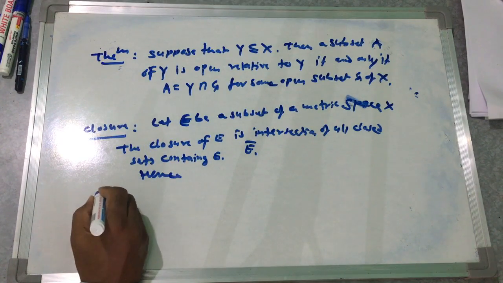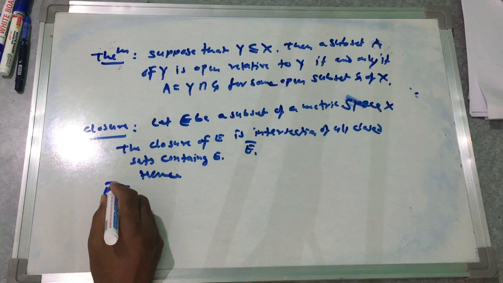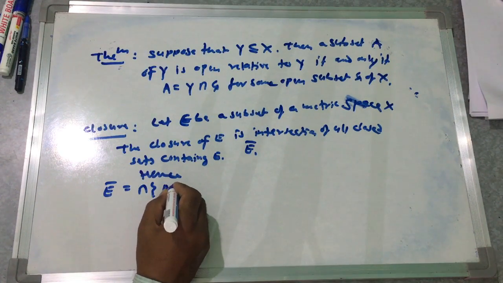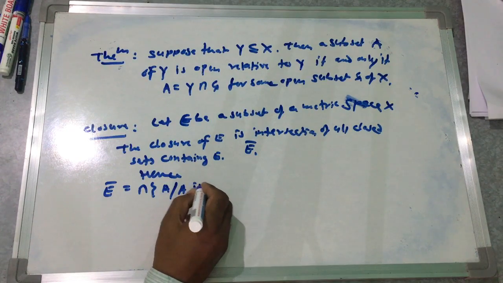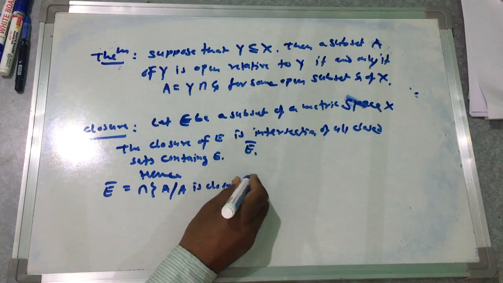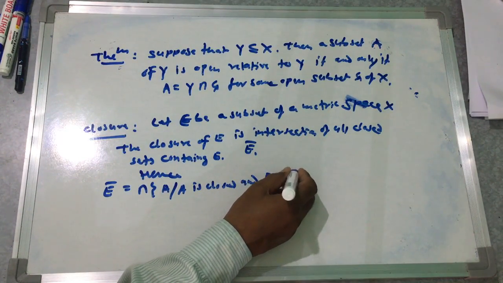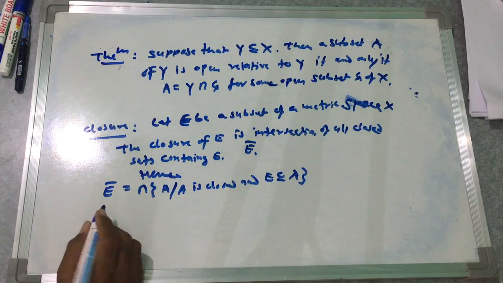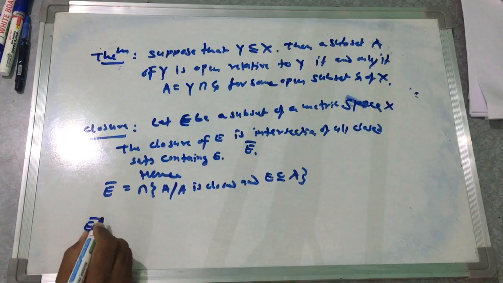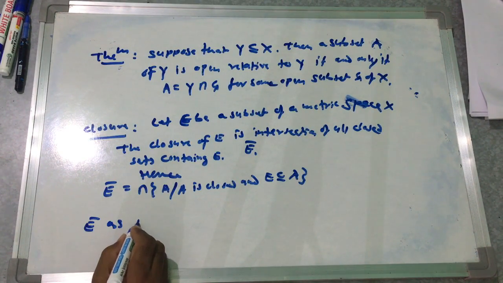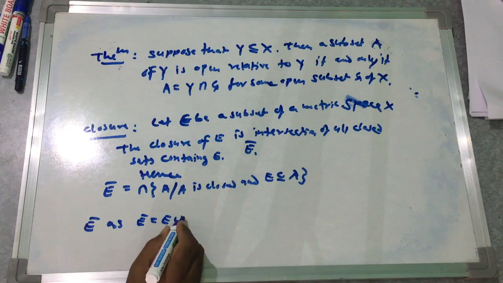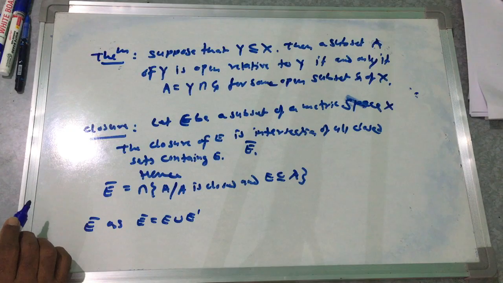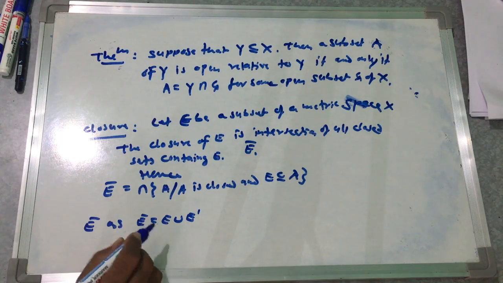Hence, E bar is equal to the intersection of all A such that A is closed and E is a subset of A. So in this manner we can define; some authors define this E bar in another way as E bar is equal to E union E dash, where E dash is the set of all limit points of E. So these two definitions are equivalent.